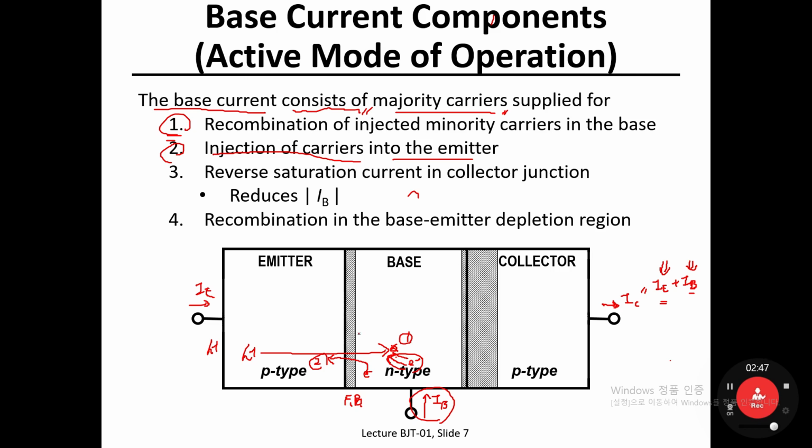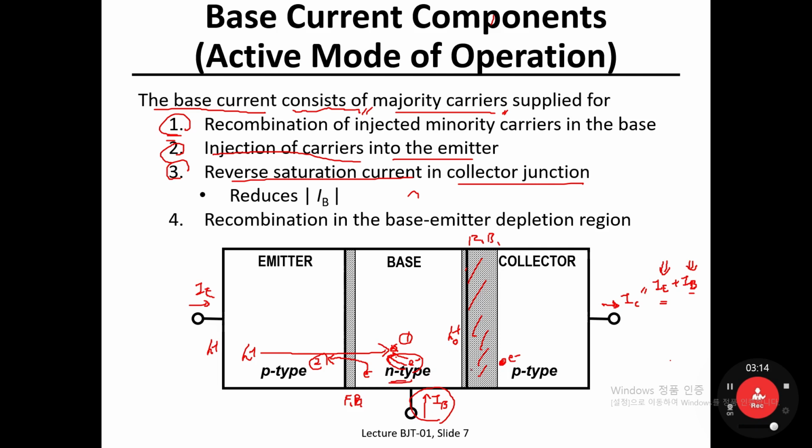What about number three? Reverse saturation current in the collector junction, not the emitter junction, the collector junction. This collector junction is reverse biased, right? The reverse saturation current means the minority carriers on the N side and the minority carriers on the P side, which are electrons here and holes there.